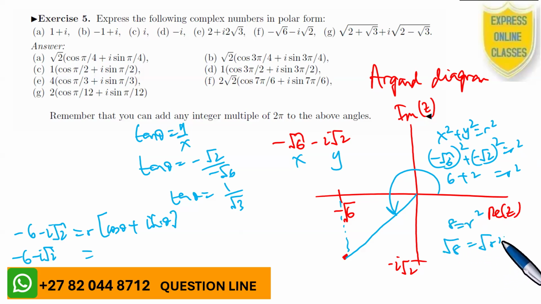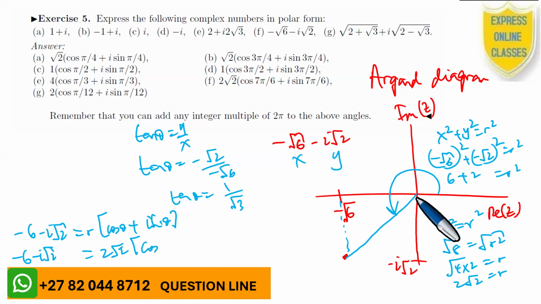The square root of 8, you can also write in many ways. 8 is 4 times 2, the square root of 4 is 2, so r equals 2 square root of 2. And therefore, cosine of the angle.